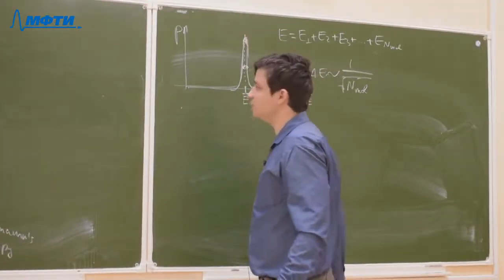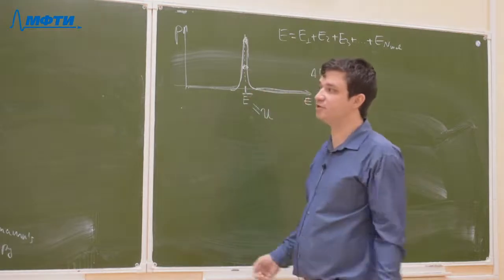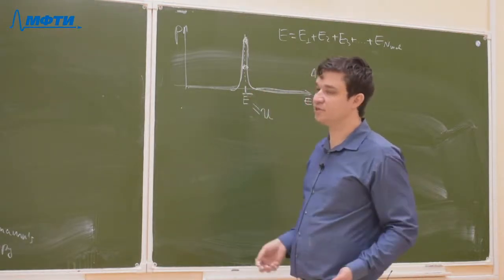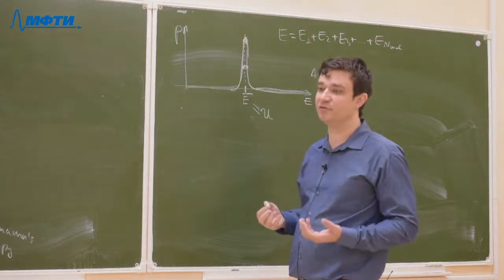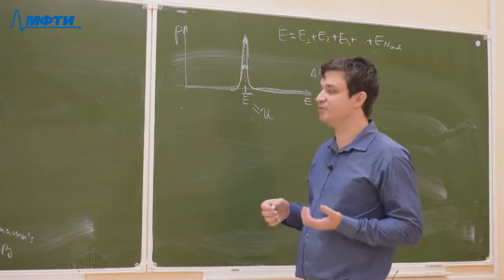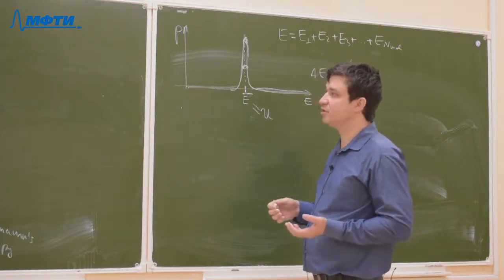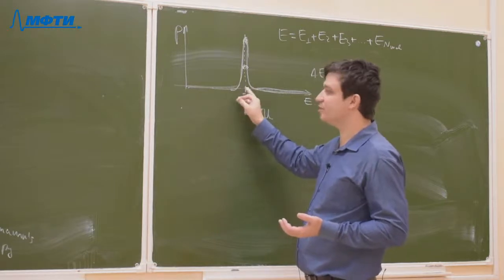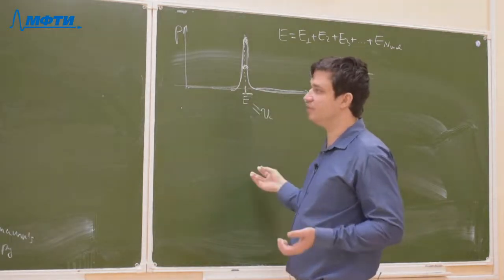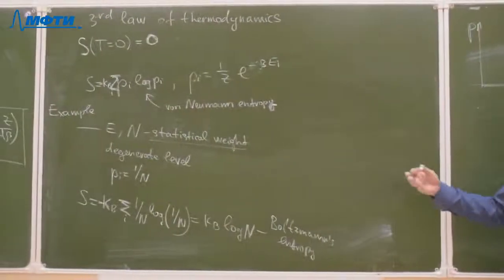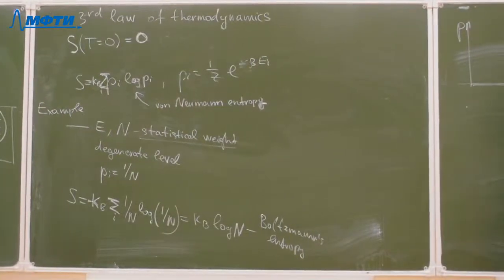So for many different systems, the Boltzmann definition is a very simple and physically meaningful expression which allows you to understand the meaning of entropy. Of course, when we are dealing with levels which have different probabilities of occupation, we need to use this expression, but this one gives you an understanding of what happens.